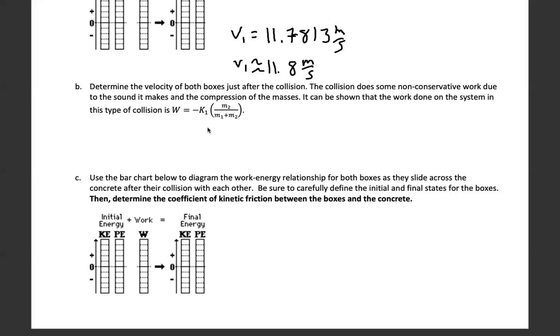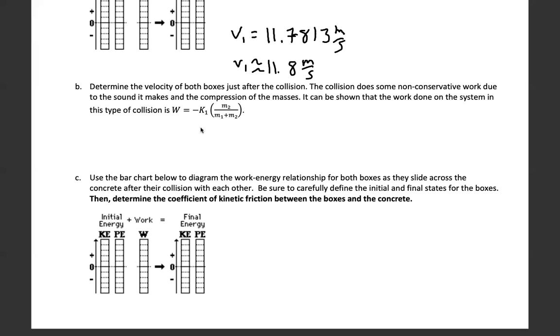It wouldn't really make much of a difference if M1 is much bigger than M2. And if M2 is much bigger than M1, then it's really going to take a lot of energy out. So hopefully that makes a little bit of sense. And so hopefully now we can say, all right, we can apply the work energy theorem now.